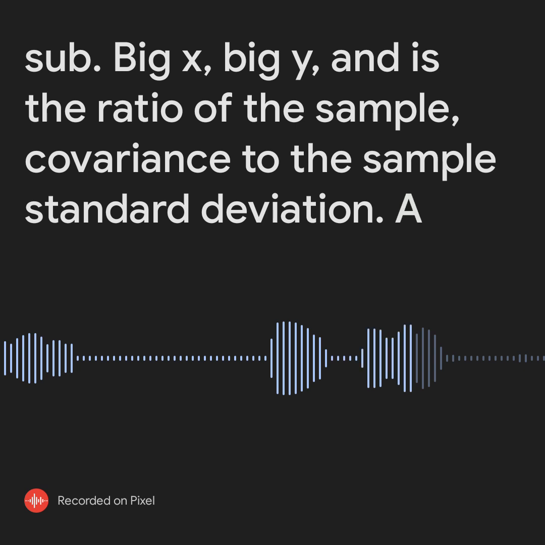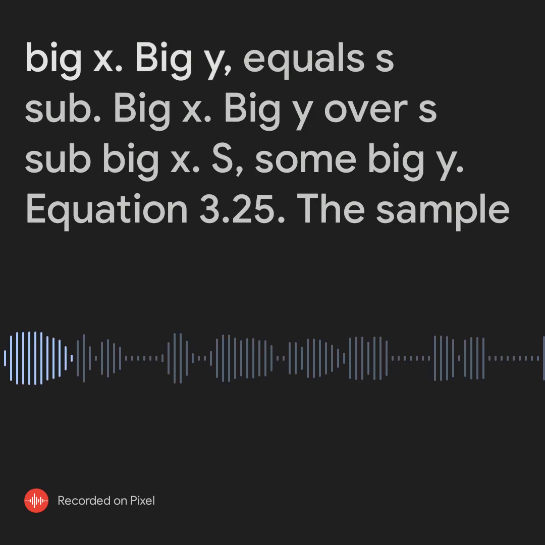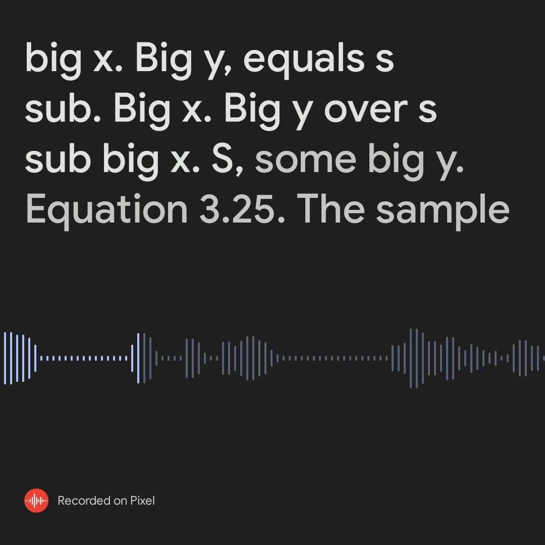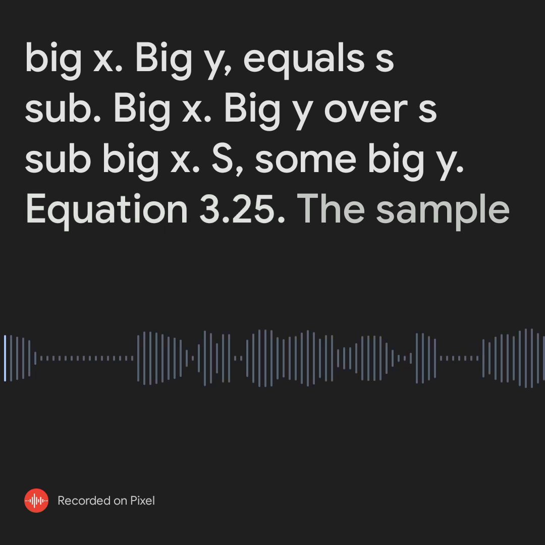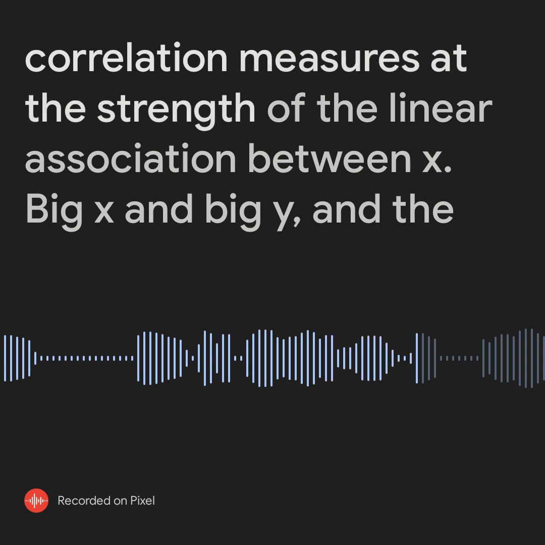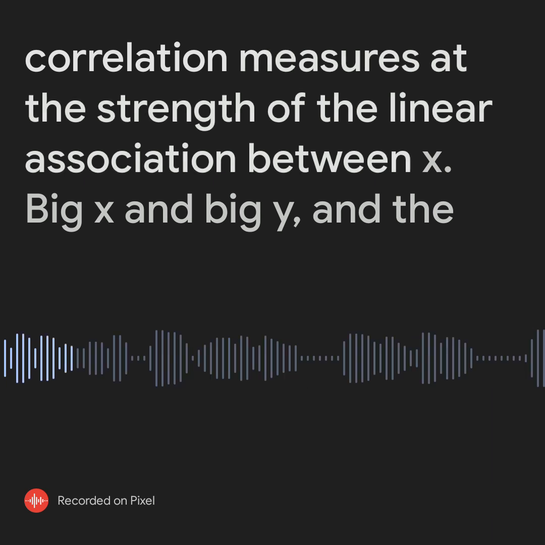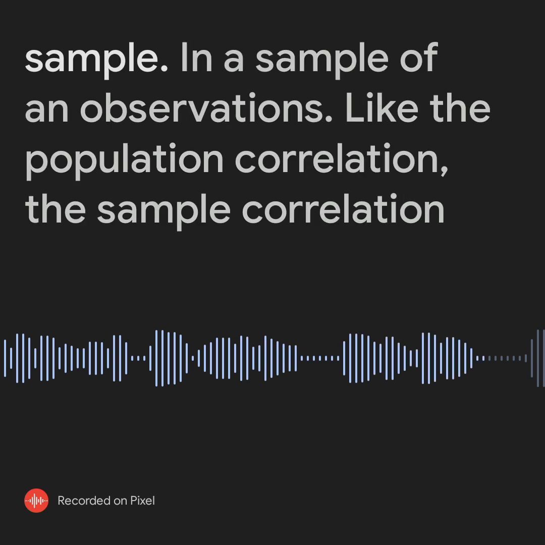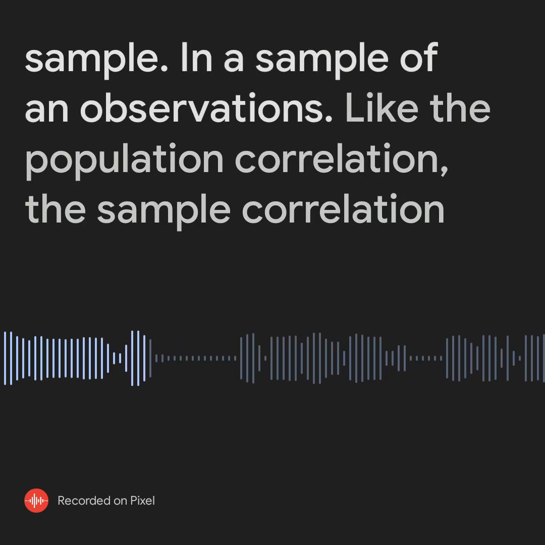R sub XY equals S sub XY over S sub X S sub Y. Equation 3.25. The sample correlation measures the strength of the linear association between X and Y in a sample of n observations.